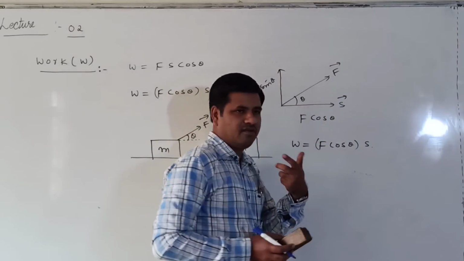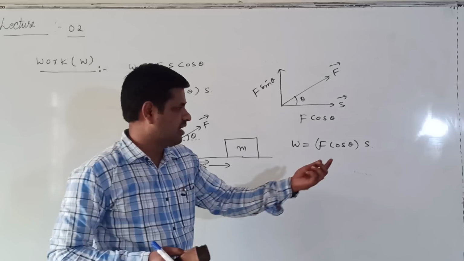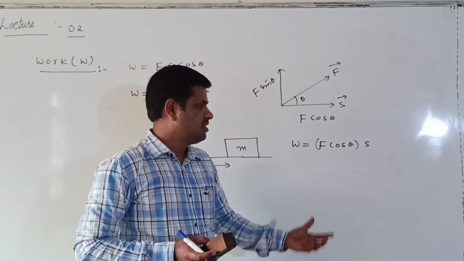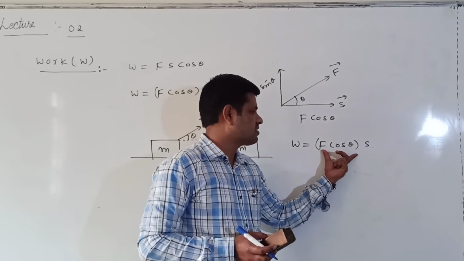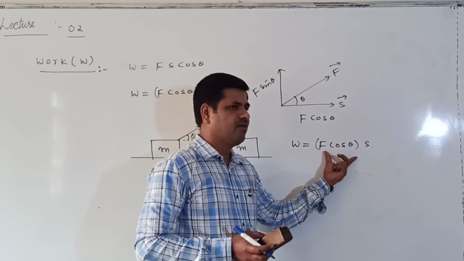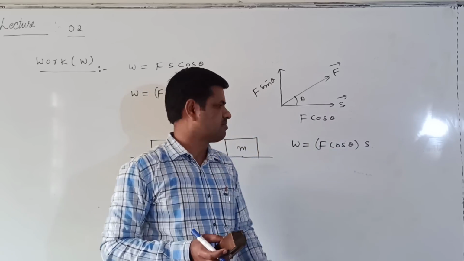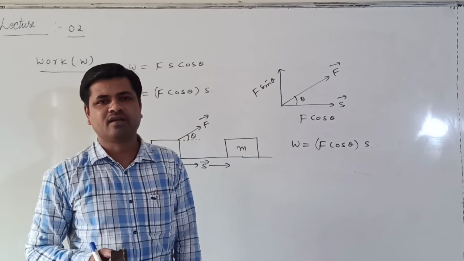S bar is the vector; its magnitude can be taken as S. This is the component of the force. The product of the component of the force and magnitude of the displacement is called the work done.